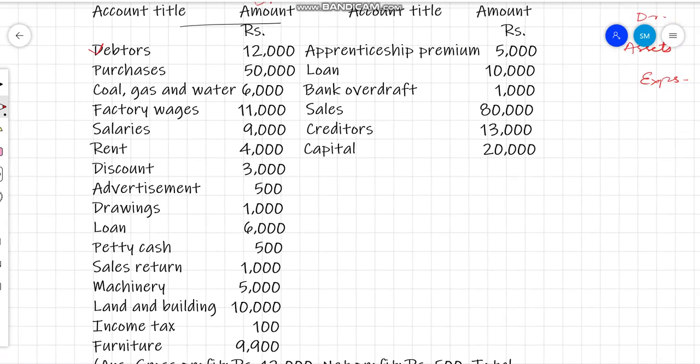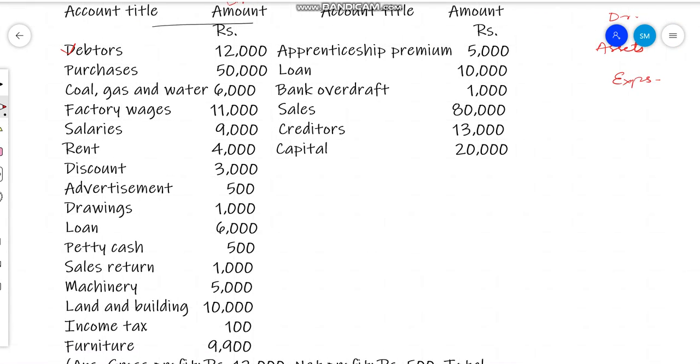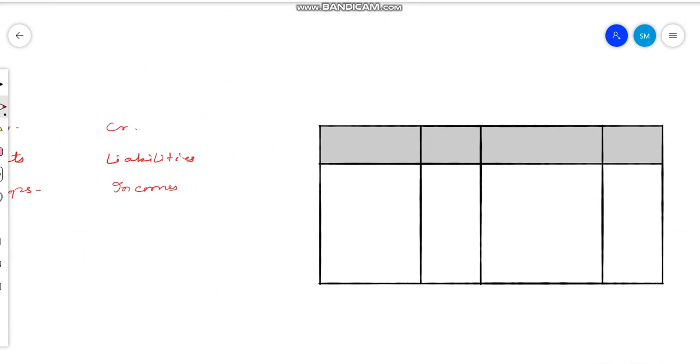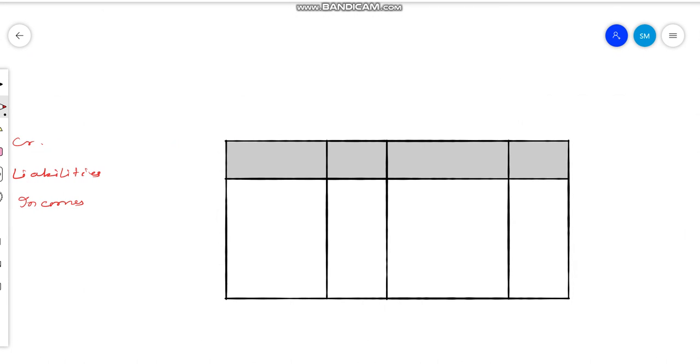Then the next one is your purchases. Purchases is my expense. I have spent money to get this many raw materials. So this box is my trading account. I will write it here: Trading and Profit and Loss Account as on 31st March 2017.